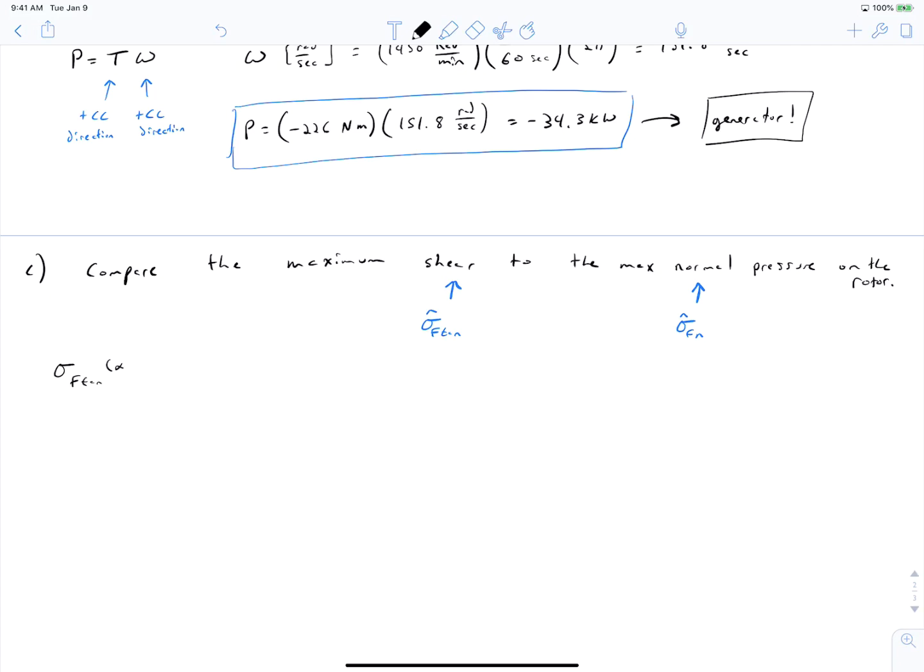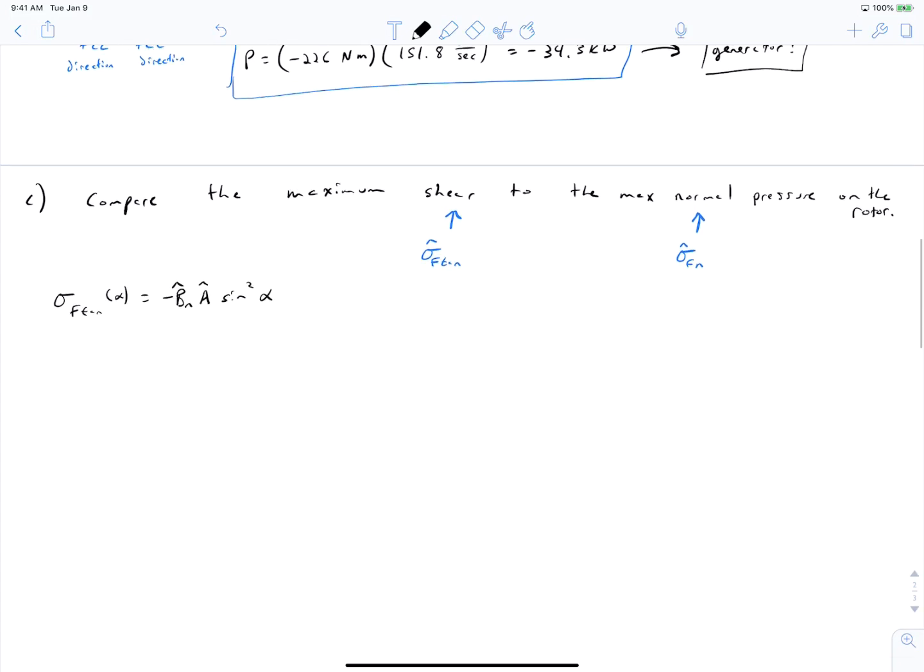We already have an expression for sigma F tan of alpha, and the maximum of sine squared is 1. So the maximum value is going to be Bn hat times A hat. That's our peak tangential force density, and if we plug in the numbers we get 36 kilopascals. I express this in kilopascals; a single pascal is in units of newtons per meter squared.